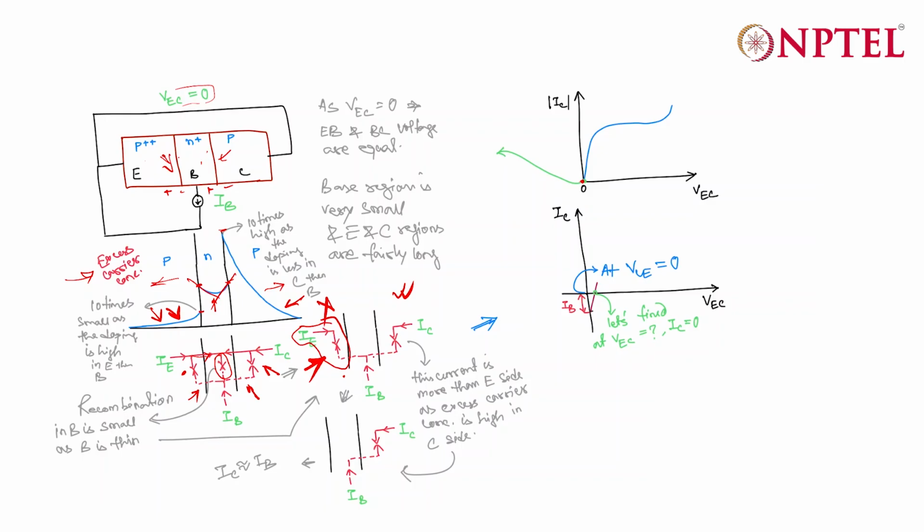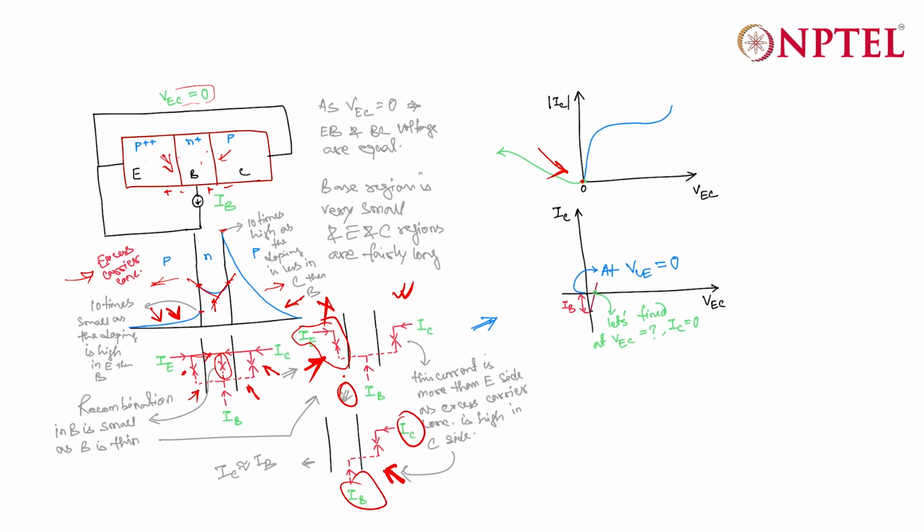So you ignore this part. So your flow diagram will look something like this, and you will find that at VEC equal to 0, you have a very small current which is equal to IB, because in this case your IC is equal to IB.